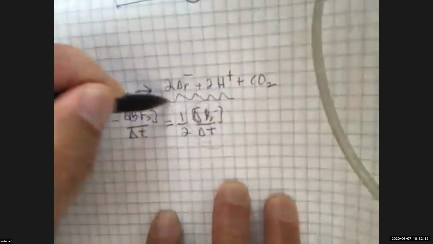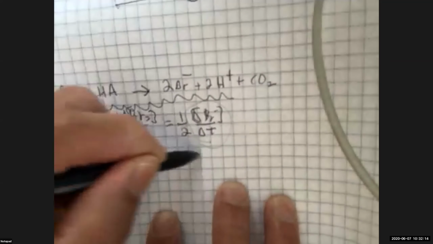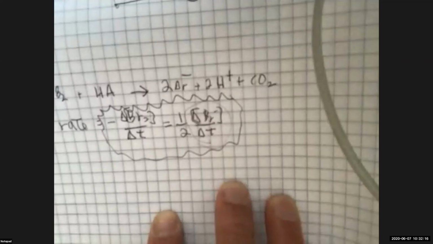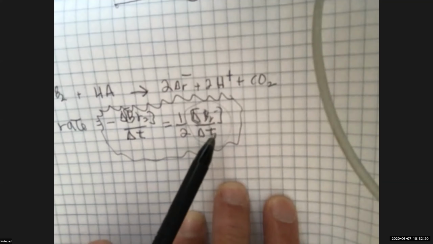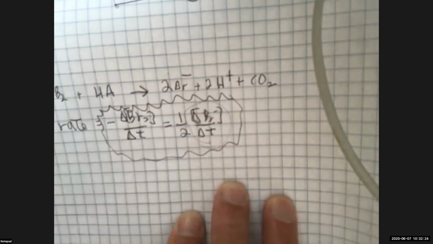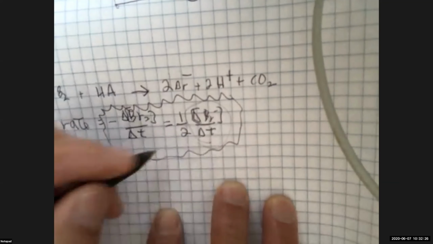So let's look at this part of the equation. And we want to relate the rate of the bromide, Br minus, to the Br2. If we rearrange that, it's a pretty simple rearrangement.